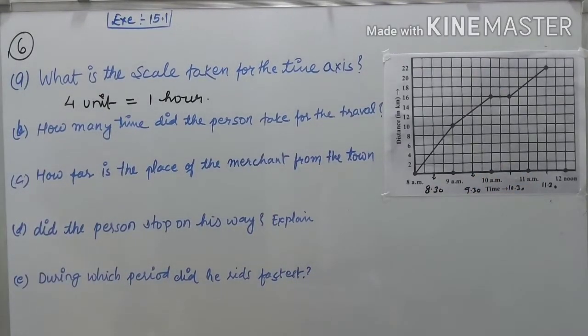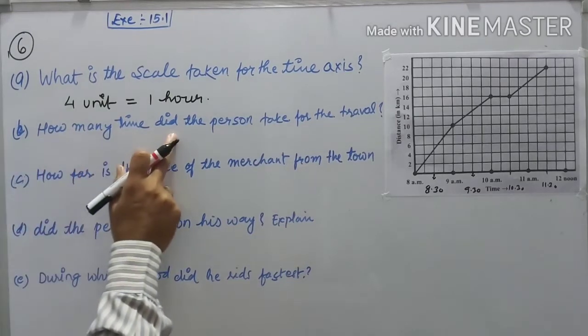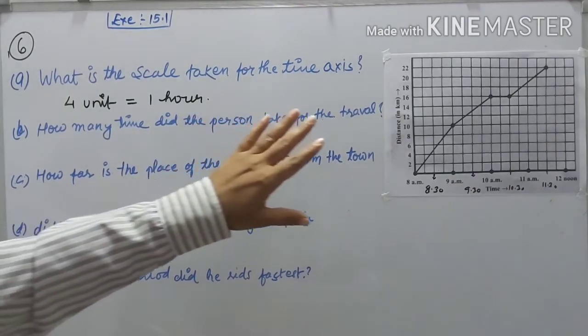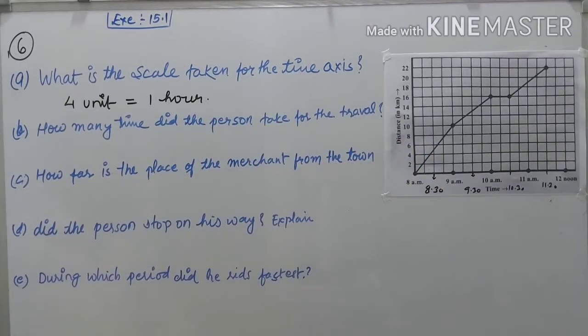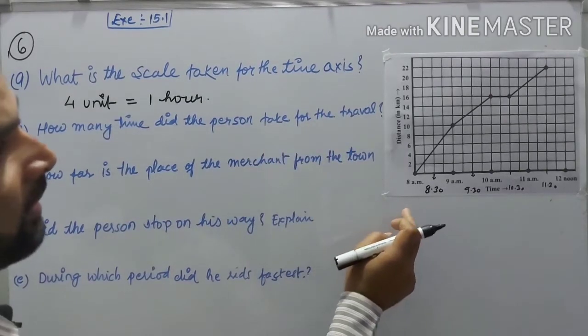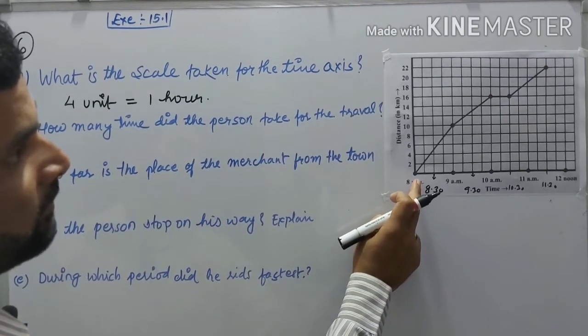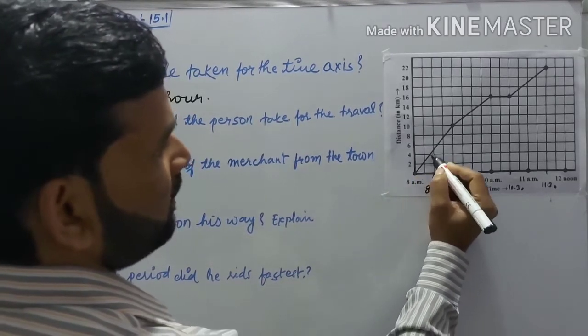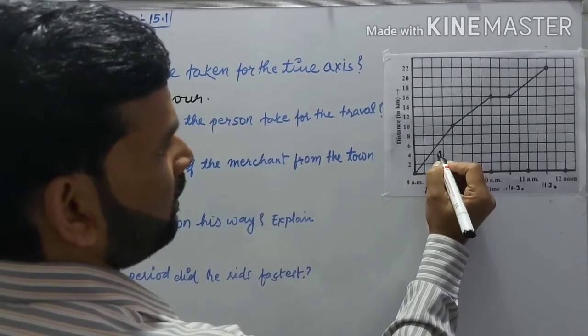Similarly. Okay, now second, how much time did the person take for the travel? As shown in the diagram, the travel time is 1 hour.